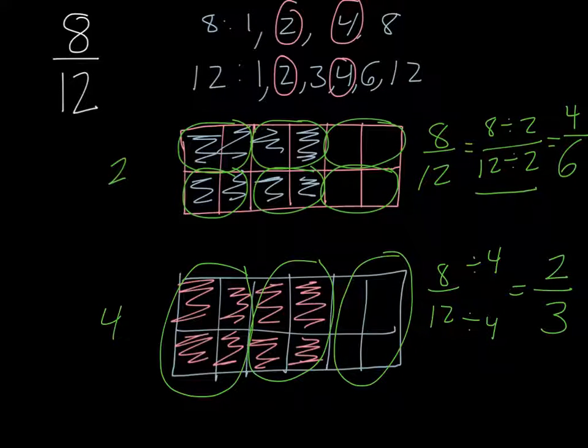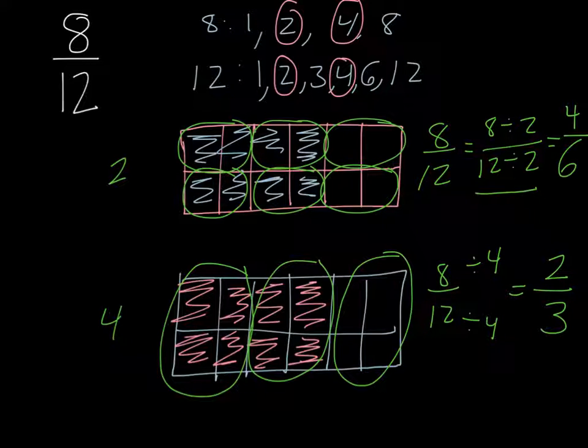So what we want to look at now are these 3 fractions. I have 8/12, which is equal to 4/6, which is equal to 2/3. If you remember, in 8/12, we had very small pieces, and many of them were shaded in. When we divided them into groups of 2 and we composed the fraction that way, we had fewer pieces, and some of them were shaded in. 4 of the 6 pieces were shaded in.